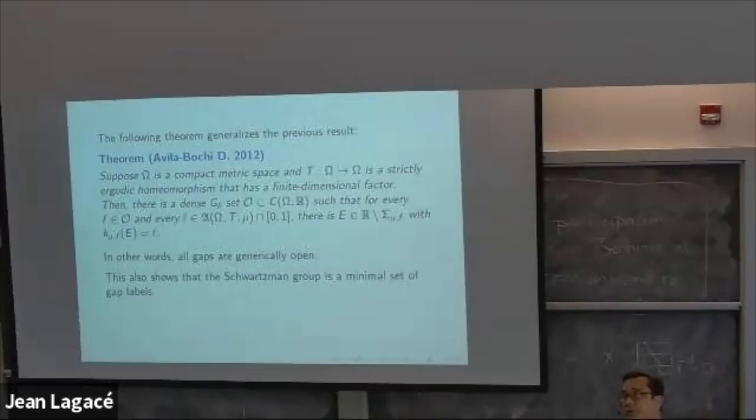So the first question is, are the label sets in the two approaches always the same? Both gap labeling theorems tell you that the IDS takes value in the respective set that you generate in one of the two ways. So there are these two sets that you can use as gap labels. I don't know if they're always the same. I think in the examples that are understood, they are the same, but is it always true?